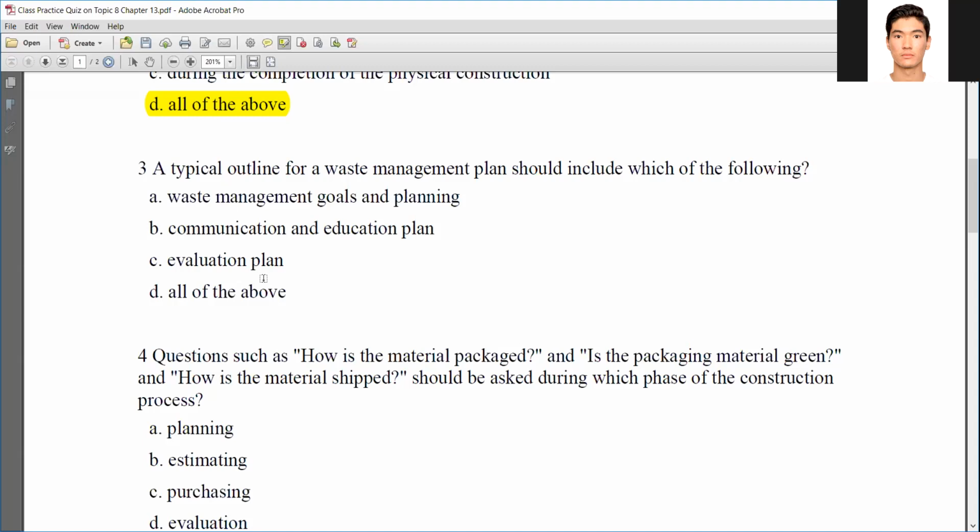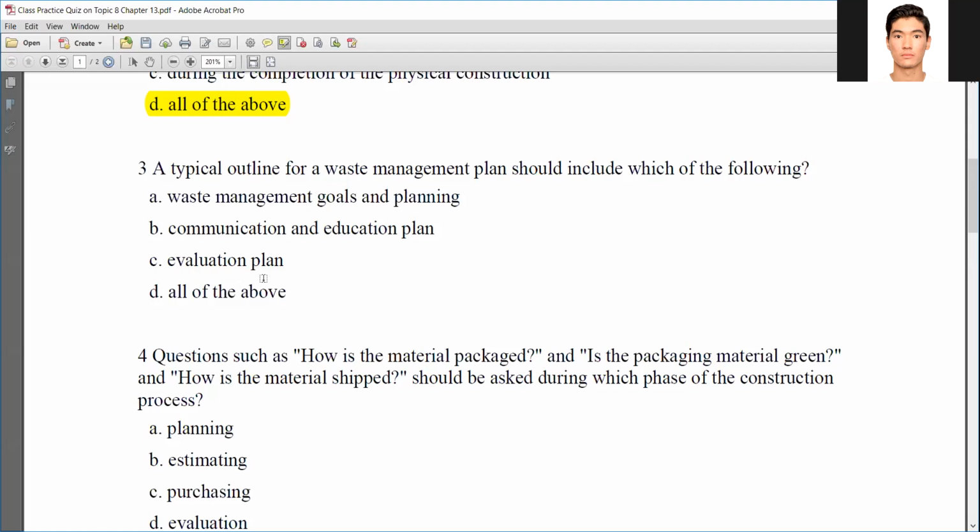So a waste management plan should include, first, setting the goals for the waste planning. Then using those goals, the waste management process should be planned, and communication and education regarding waste management is also necessary. The plan will be made by a few people, however that plan has to be communicated.